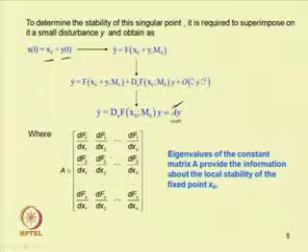We have already discussed how to find the stability. By perturbing, we have the equation y dot equal to A y. As t tends to t0, y tends to y0.